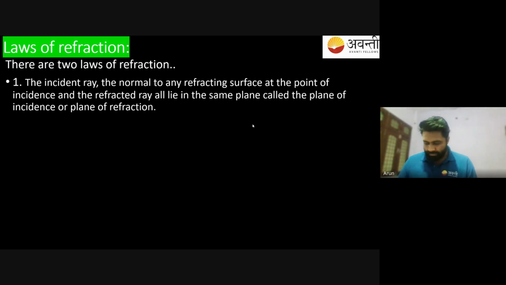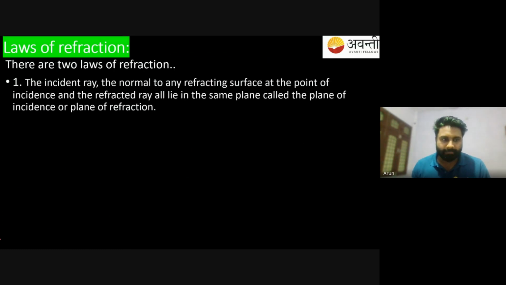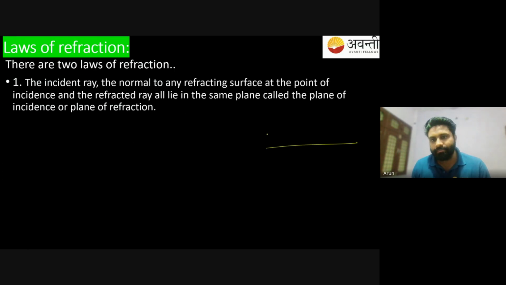Let me just draw it. So here this is the medium, this is air and this is some glass. This is the normal to the surface, this is the incident ray, and after refraction it is getting bent from its original path. This is the normal that we have.